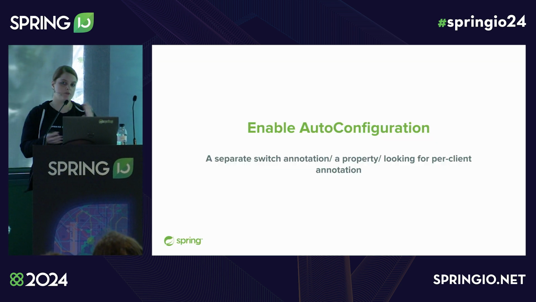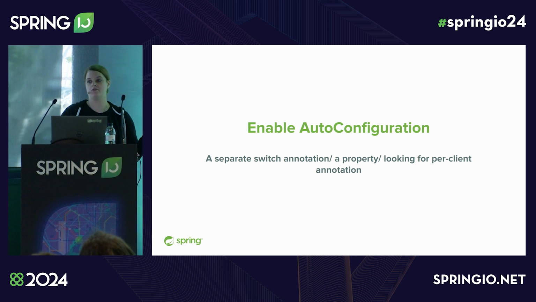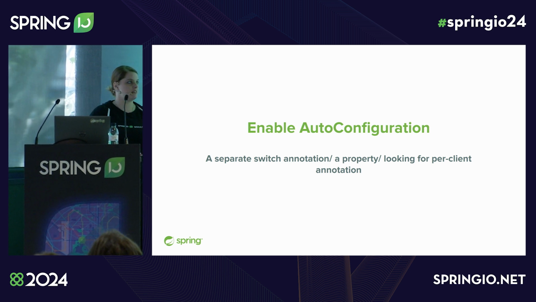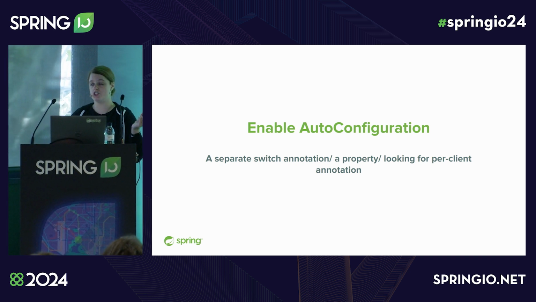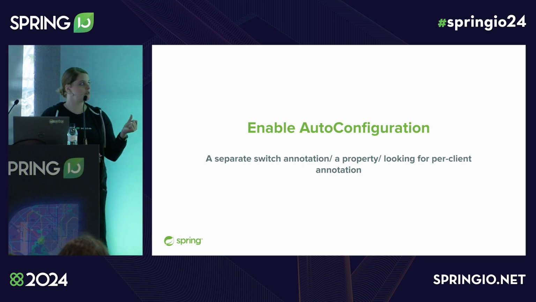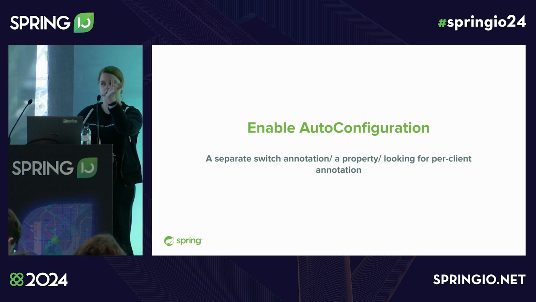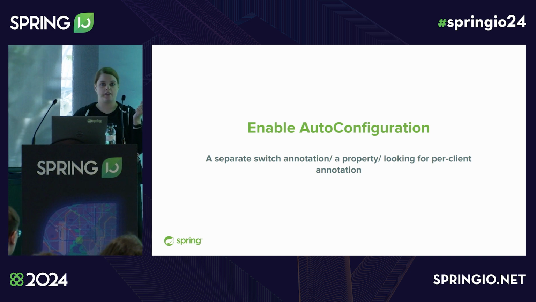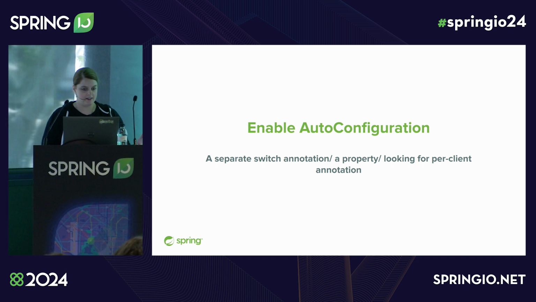So first thing, if we want to add something like this, we need to think, how will we enable the auto configuration? How will we even tell Spring that we want it to just start instantiating the beans for us and setting them up and so on? So with Feign, we use EnableFeignClients. And that annotation allows you to specify, for example, specific classes or packages that you want to scan.